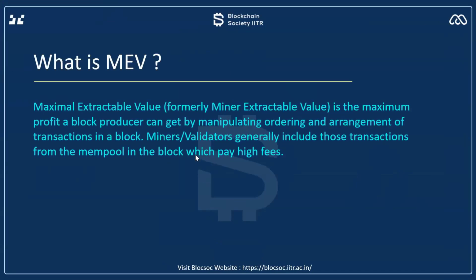Yeah, so initially it was known as miner extractable value because only the miners were able to extract this. But now, since we have PoS, the proof-of-stake network, it is known as maximal extractable value, which means the maximum amount of financial profit that the block producer can get by manipulating the ordering and arrangement of transactions in a block.